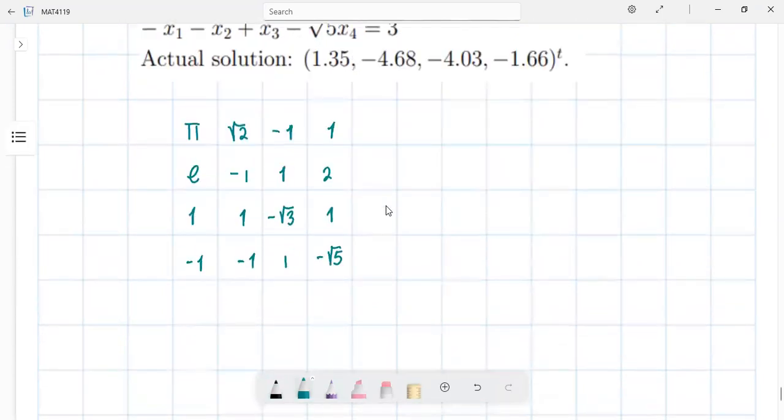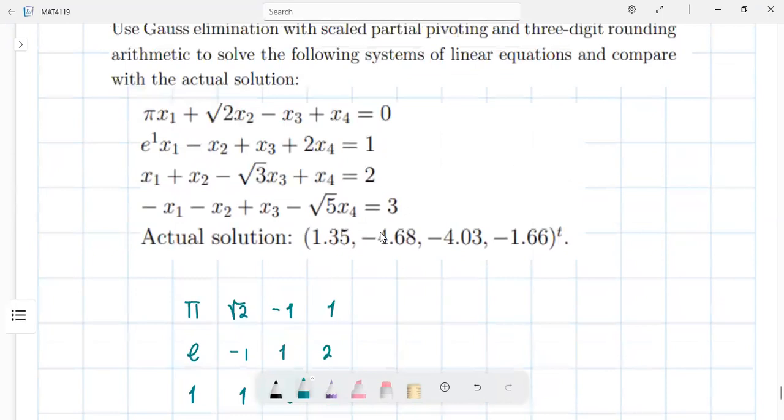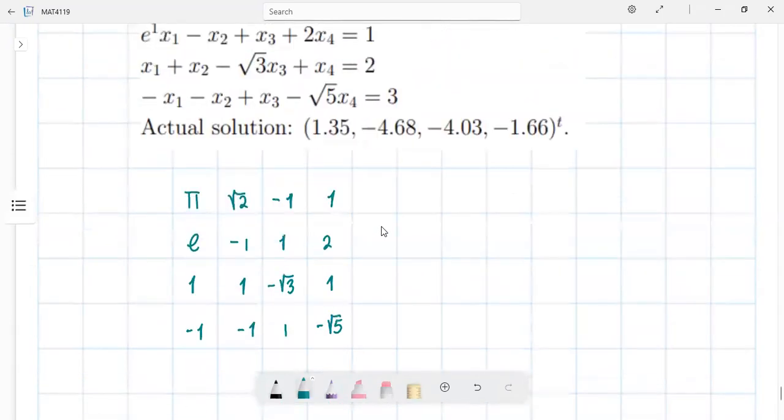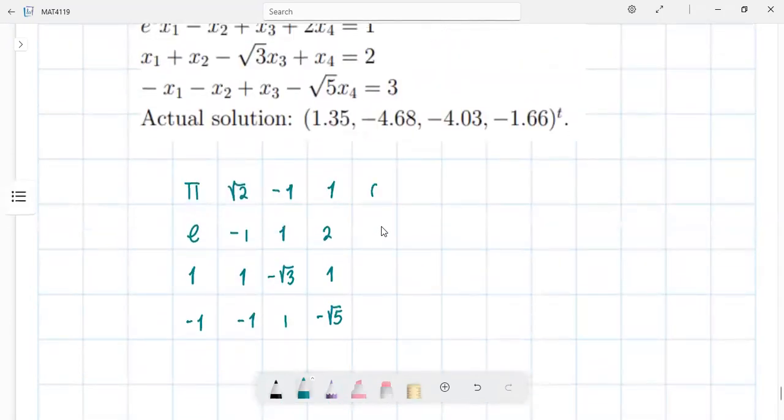The matrix we've written so far is called the coefficient matrix. But now we have to include the constants as well: 0, 1, 2, 3.